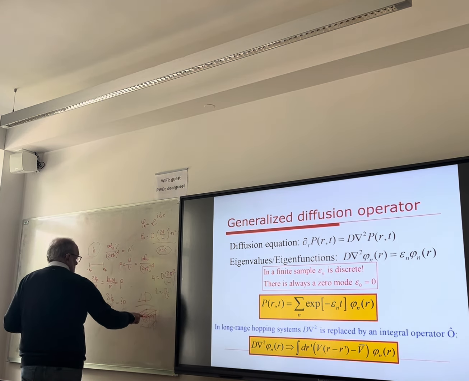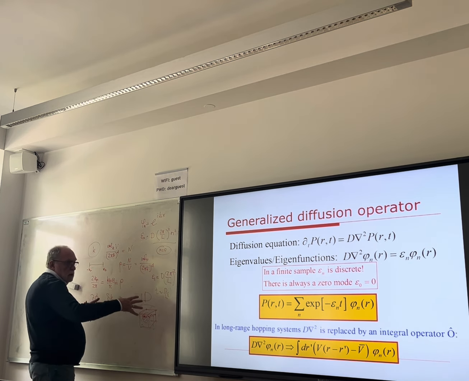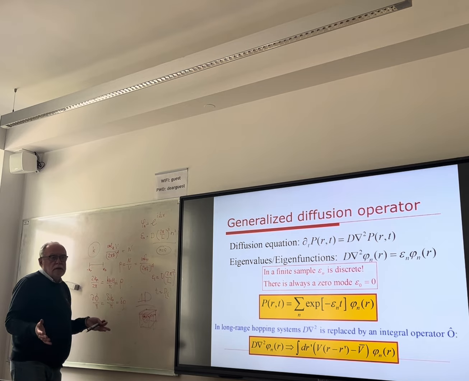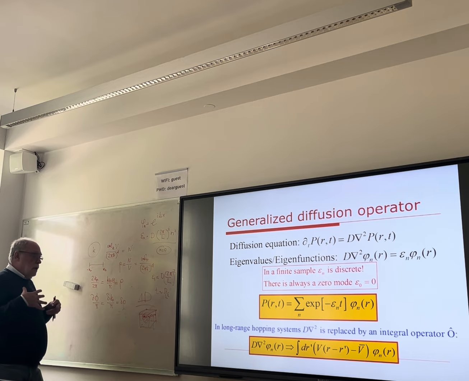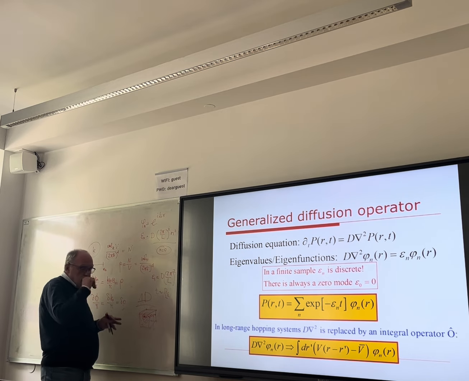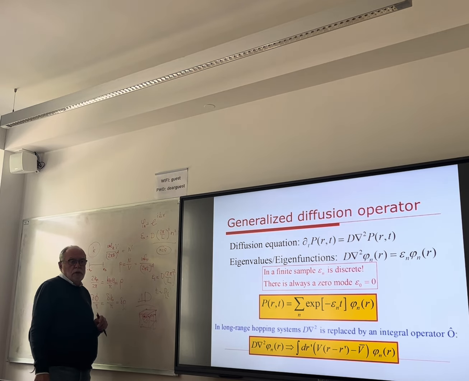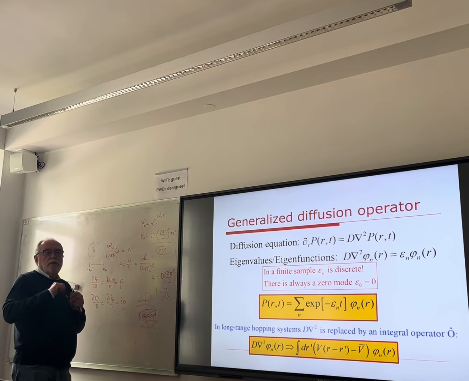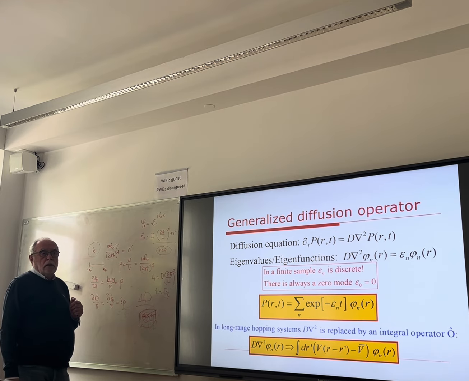You create a particle, and what it does, it spreads. It may spread faster than diffusion, but eventually, if there is no interference, it will be spread homogeneously.